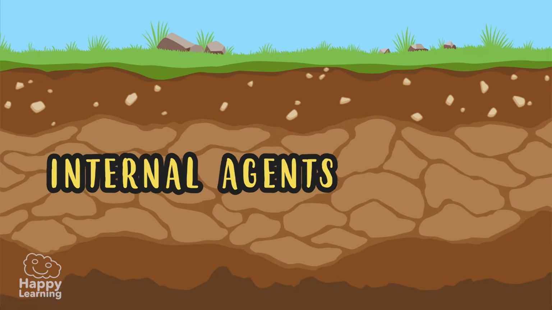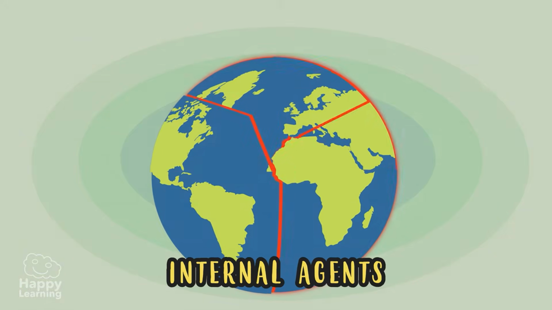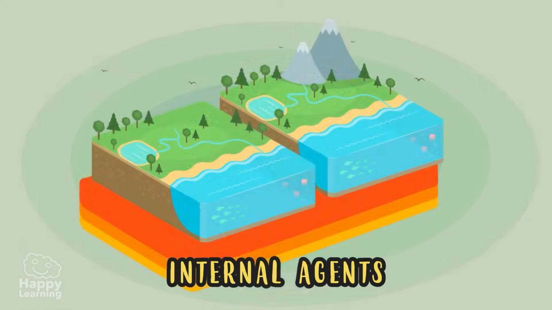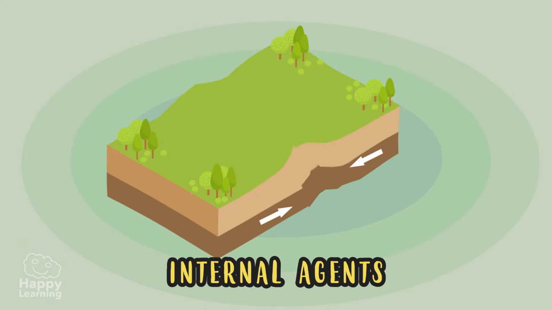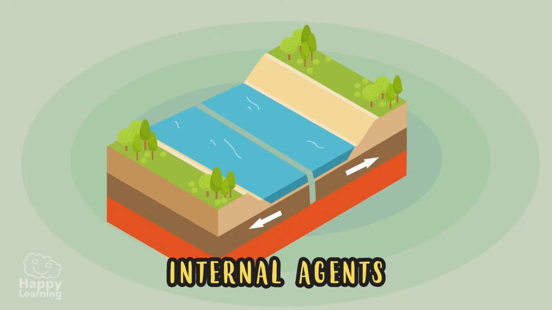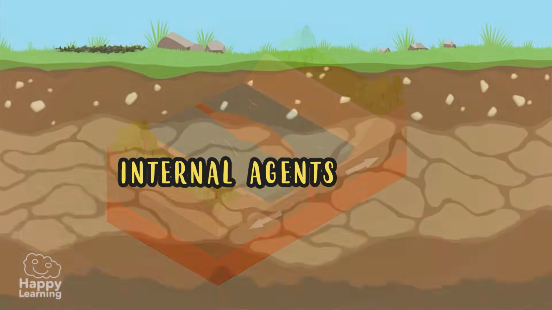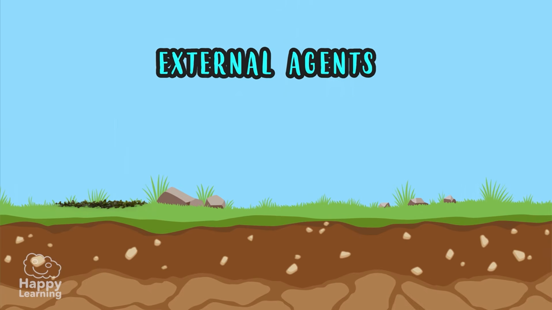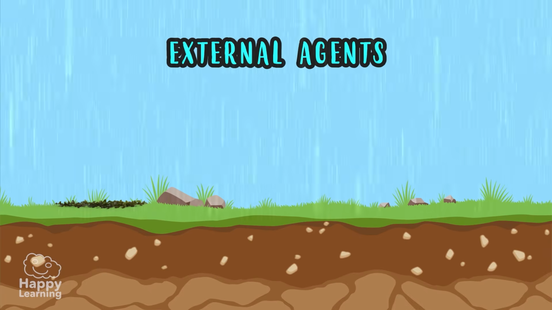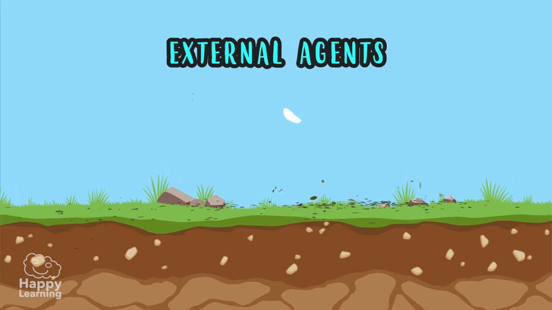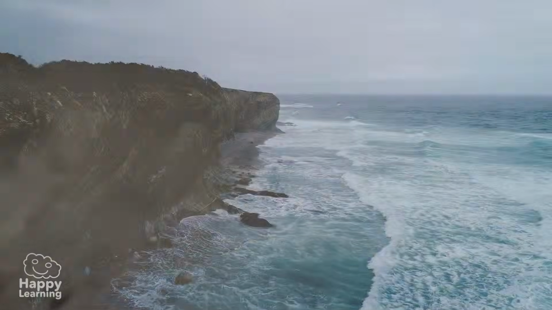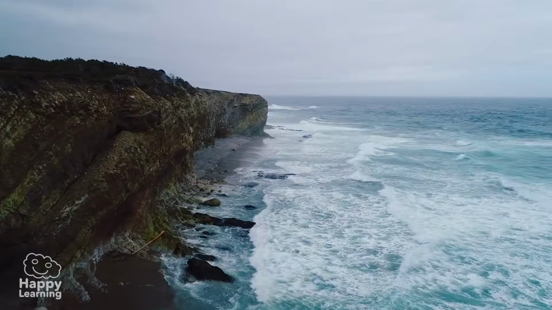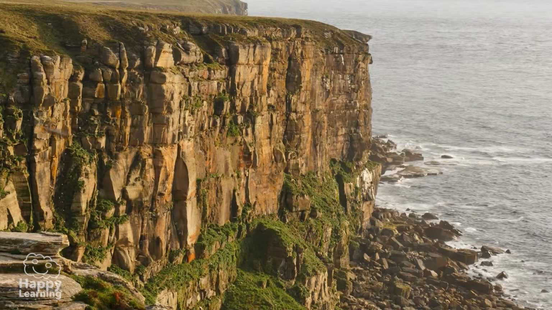The internal agents are the movements that take place inside the Earth when tectonic plates move together and separate, modifying the Earth's crust. And the external agents, on the other hand, can be rain, wind, or waves that crash, wearing down and even remodeling the land until they create these huge cliffs.